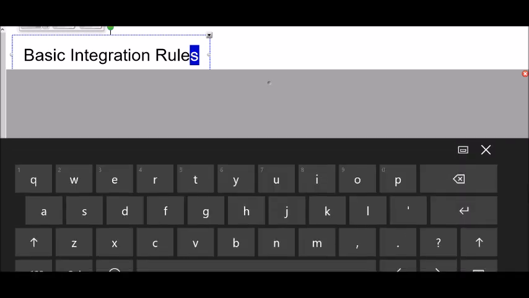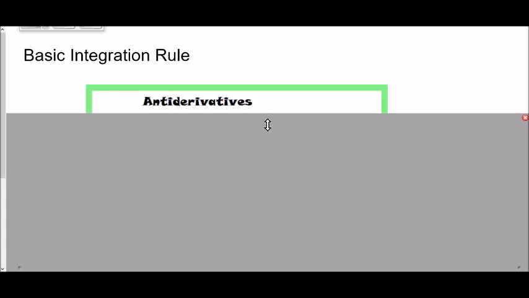So our basic integration rule, I guess it's just one rule, so we don't need that. Let's delete that. Okay, our basic integration rule is another printout. You have a green thing that says antiderivatives, so go ahead and get that and attach this.